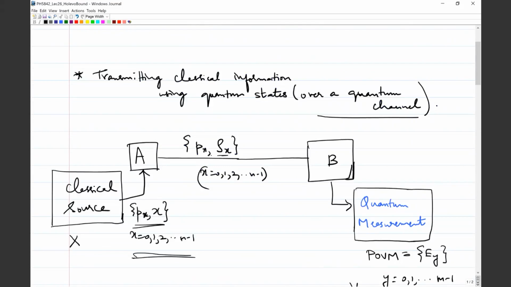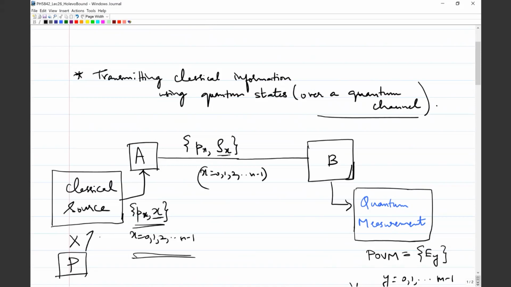And since the classical index is sampled according to the distribution p_x, so also the rho_x is going to be sampled according to the same distribution, right? So this classical register that A has is what we are calling P essentially, right? We are associating a Hilbert space with that. We're associating a set of orthonormal states in that Hilbert space, which is the set ket x, right? So effectively, this is the system P here, which represents this, right?